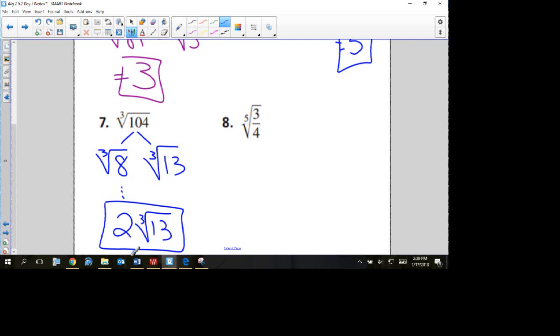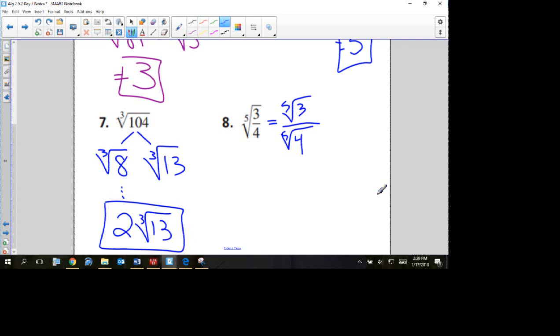Okay, number 8. 3/4 does not reduce. So I'm going to break this apart. Can I take the 5th root of 4? I know I can't take the 5th root of 3. Can I take the 5th root of 4? No. So I have a radical in my denominator.